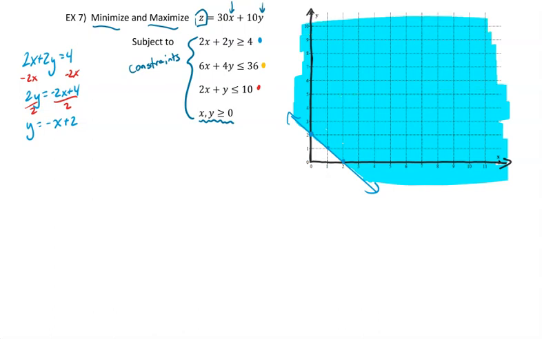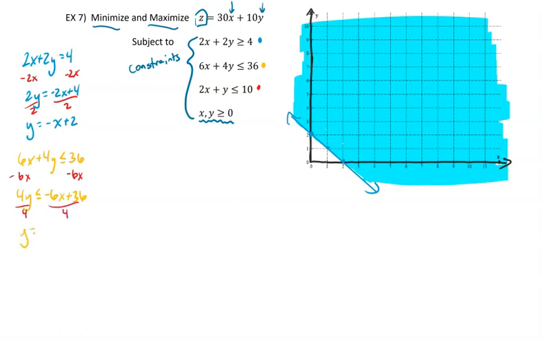All right, on to the yellow. So we have 6x plus 4y is less than or equal to 36. So we can subtract 6x from both sides. So we got 4y is less than or equal to negative 6x plus 36. Then we can divide both sides by 4.